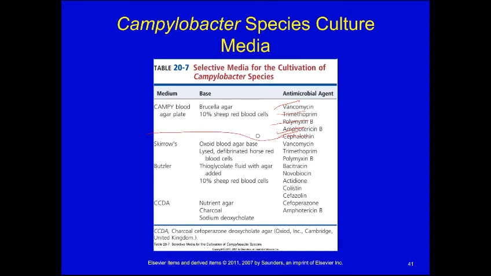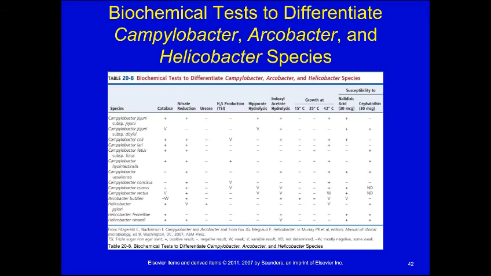Bakit may ganyan? So that we suppress the growth of other bacteria. Same with your Skirrow, you have the base and the additional antimicrobial agents. Remember that some antimicrobial agents are being added to the medium just to suppress other growth of bacteria, and that you can zero in the isolation of that specific organism.